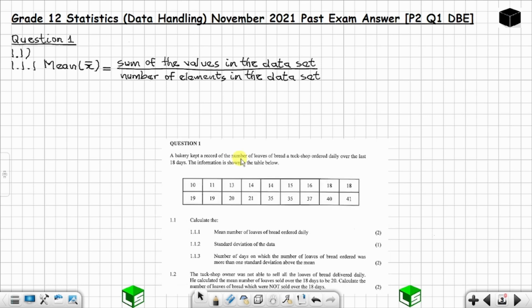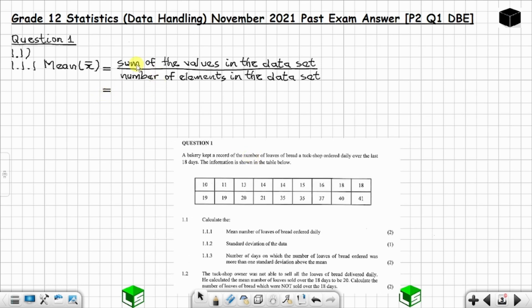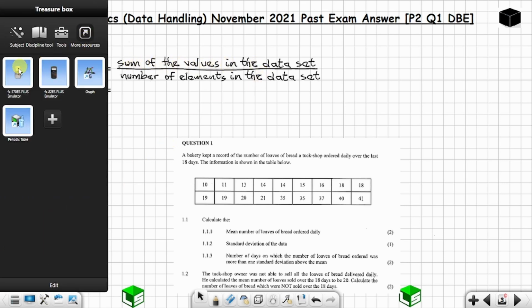Now we need to find the mean, which is equal to the sum of the values in the data set. Let's get the sum of the values. We need our calculator.